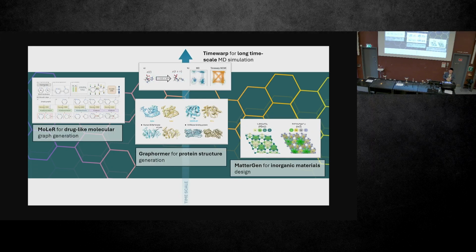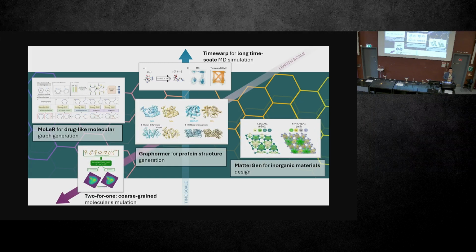For instance, on the temporal axis, how can we use diffusion-based models to accelerate dynamic simulation for molecules? And on the length scale, we can generate structures using a coarse-grained representation, so that instead of modeling the atomistic representation, we model a more coarse-grained representation, which will help us scale up to larger structures and study bulk properties more efficiently, hopefully.